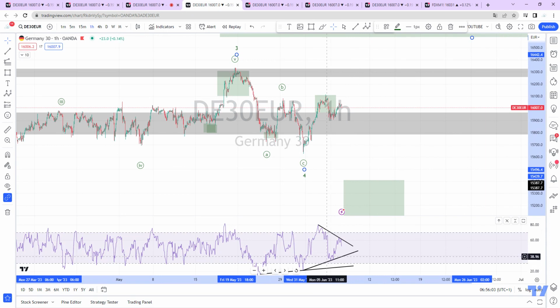And here we start to squeeze in a triangle in our RSI. My experience is that this is quite unreliable. This can break to the upside and to the downside.